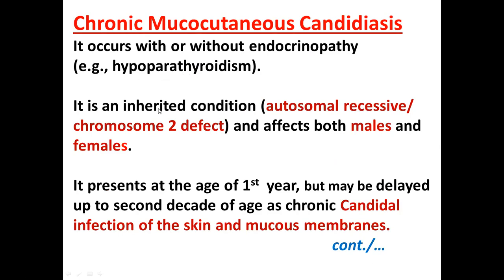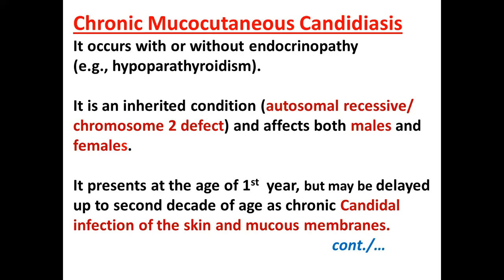This is an inherited condition, autosomal recessive, with a chromosome 2 defect. So you have to remember the chromosome defects that I have enumerated to you. Okay? Repeat them. It affects both male and female. What happens here? The T cells all work. The rest of the immune system works, except the T cells specific for candida. These do not work.